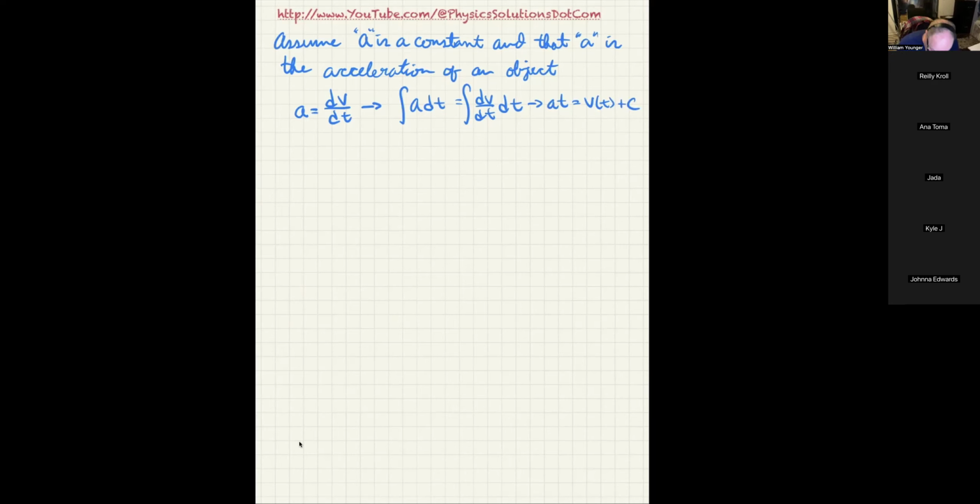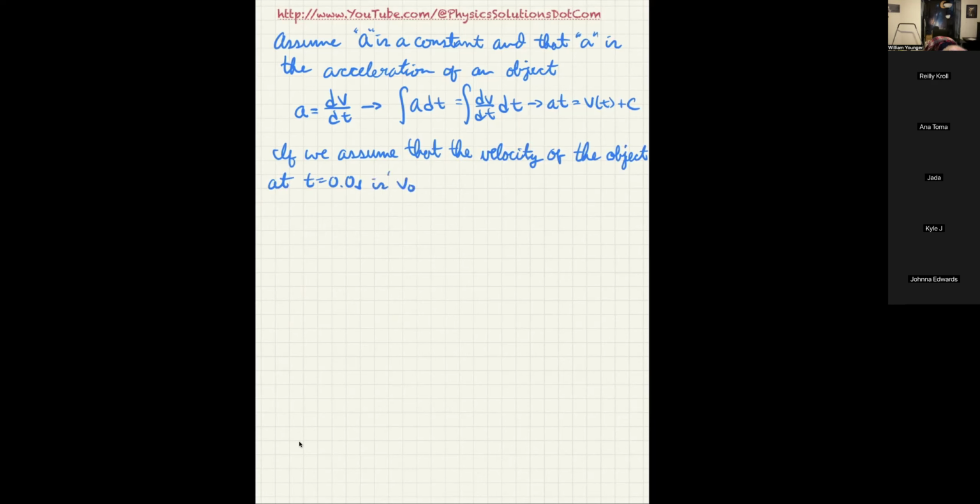And now, if we assume that the velocity of the object at t equals 0.0 seconds is v0, then we can find that a times 0 is equal to v of 0 plus c.